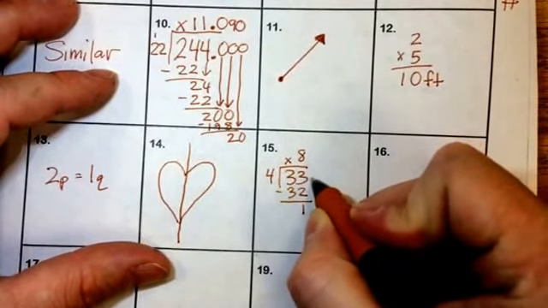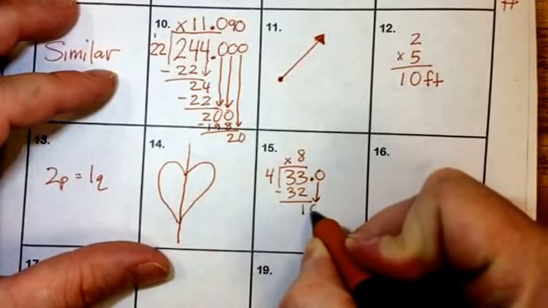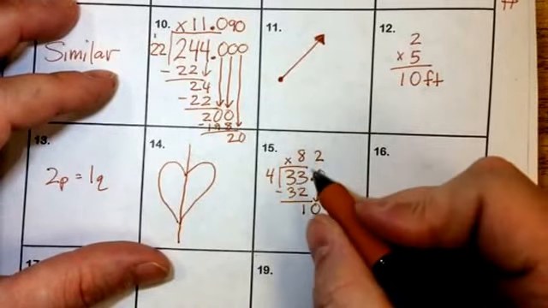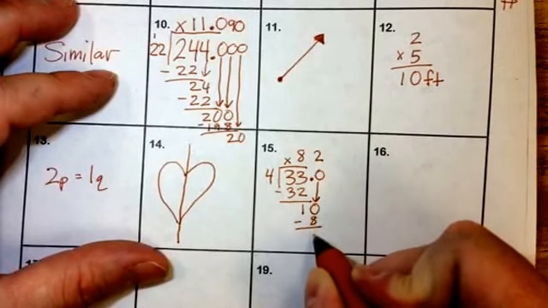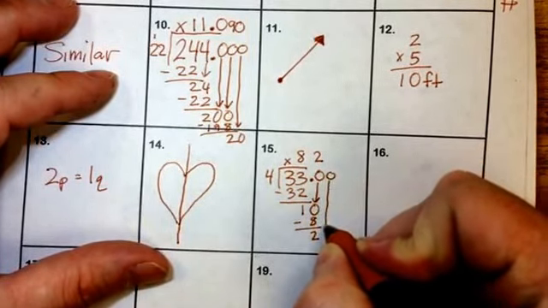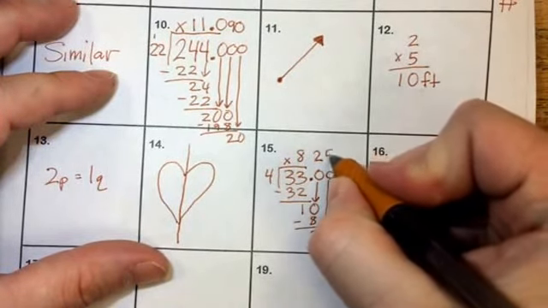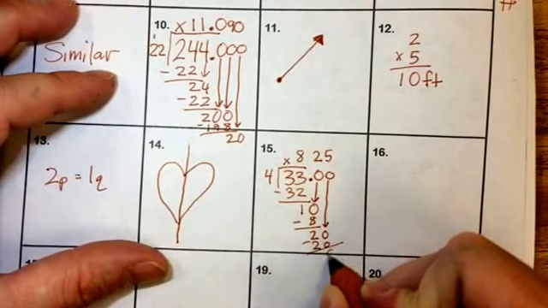I can add a decimal, add a 0, and bring that down. 4 goes into 10 about 2 times. 2 times 4 is 8, and 10 minus 8 is 2. Add another 0 and bring that down, and I get 20. I know that 4 can go into 20 5 times. 5 times 4 is 20. When I get none, I'm done.